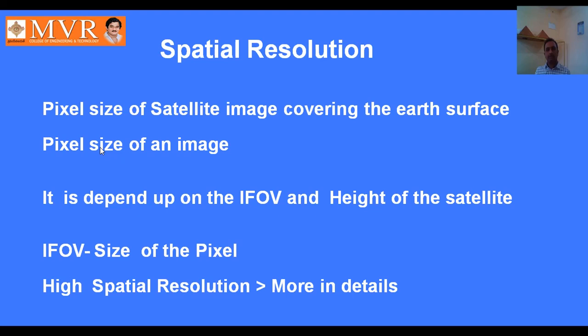So, what is the instantaneous field of view? First of all you should know this. The instantaneous field of view gives the pixel size, and based on the pixel size we define the spatial resolution.